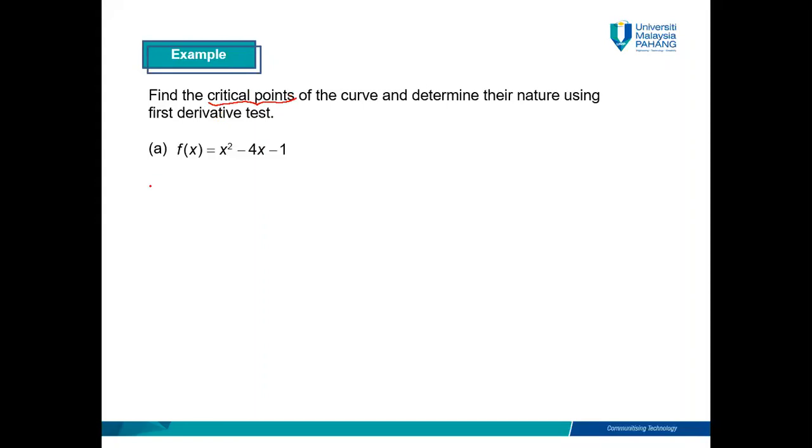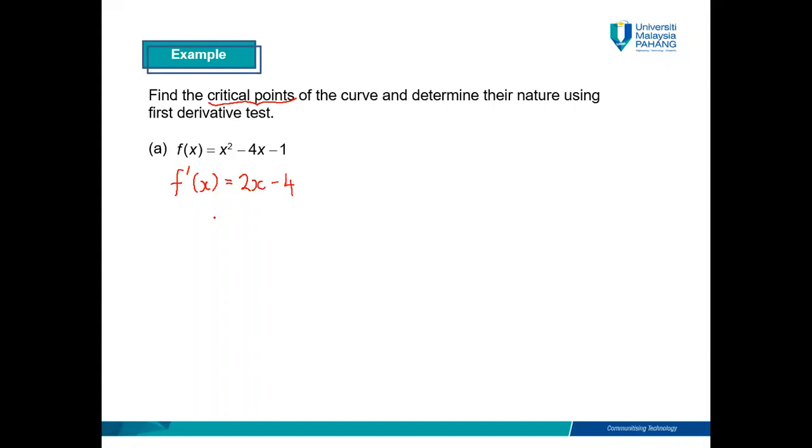Alright, so given f(x) is equal to x squared minus 4x minus 1. The first thing is we want to find the critical value. So how to find the critical value? You have to differentiate the function first. You got 2x minus 4.